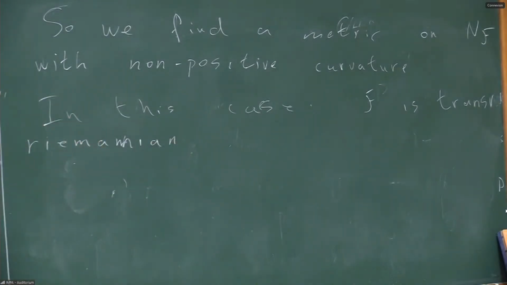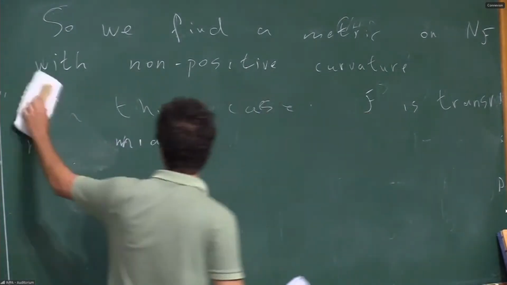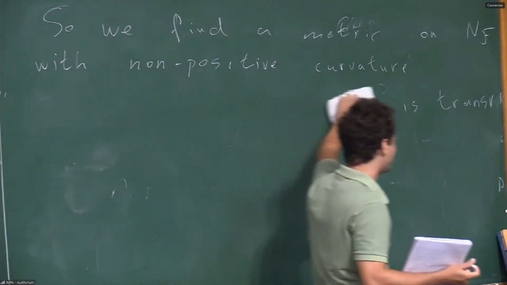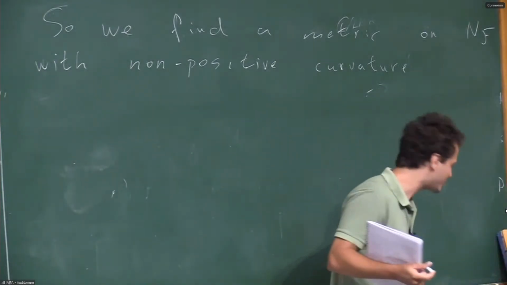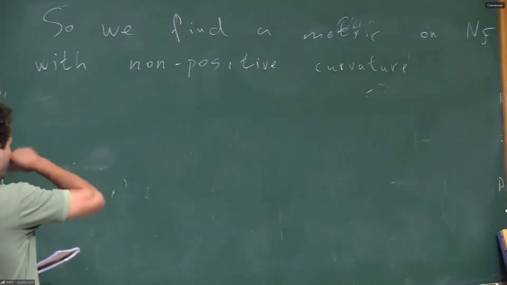There is a subtle point that you must do: the metric is invariant by the holonomy. Ah, yeah, I forgot. Sorry. I skipped a step. I forgot one step, which is important.